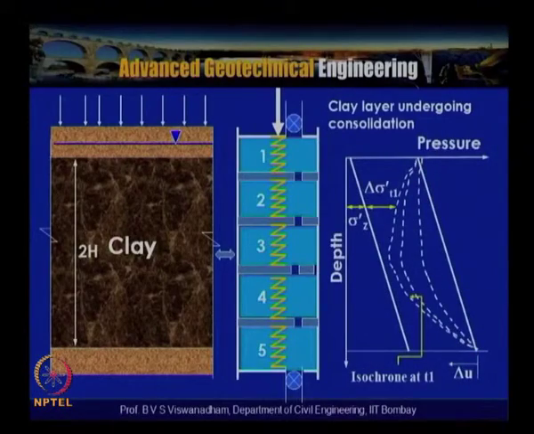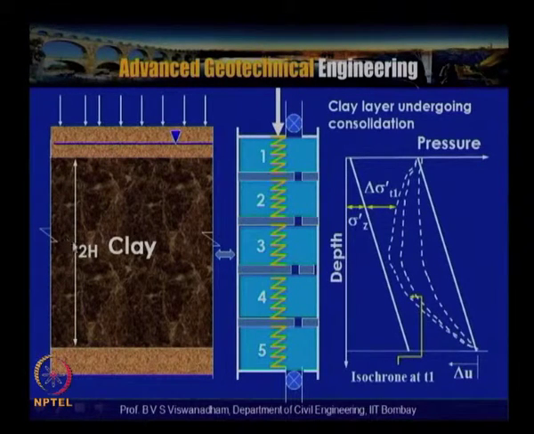So we have the spring analogy for a small clay layer, but the same spring analogy can be extended to a clay layer which has doubly open layers at both top and bottom. The clay layer is saturated, with a thickness 2H, and the upper and bottom layers are the open layers, also called the drainage layers.